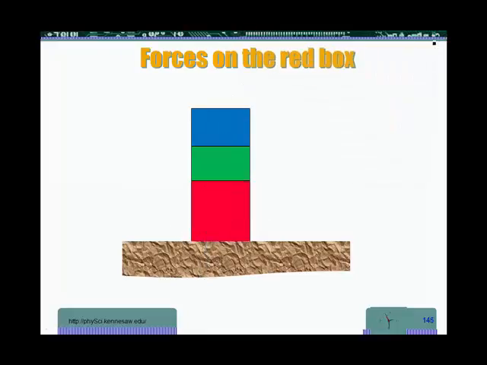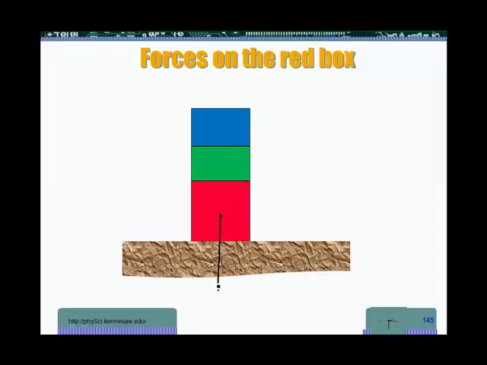Now, what about the red box? So now that we have investigated the green box, the red box is going to be treated somewhat similarly. Now, we have the gravitational force acting on the red box.